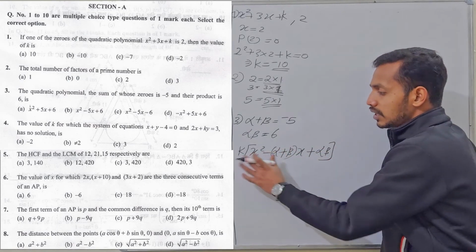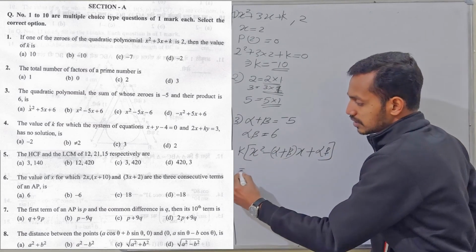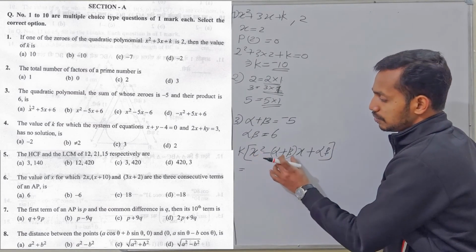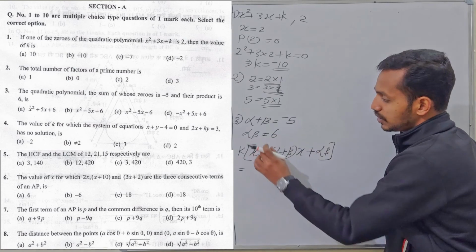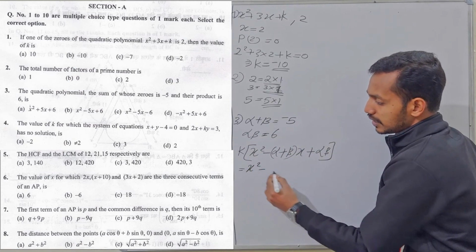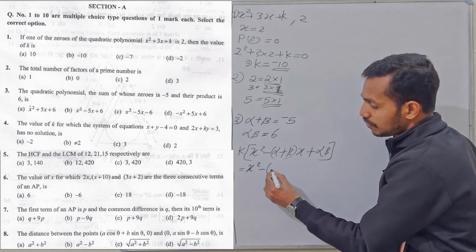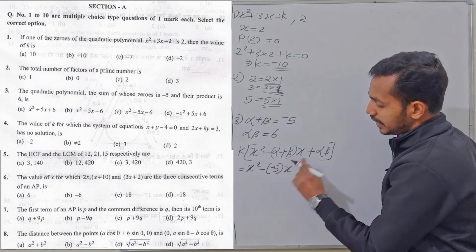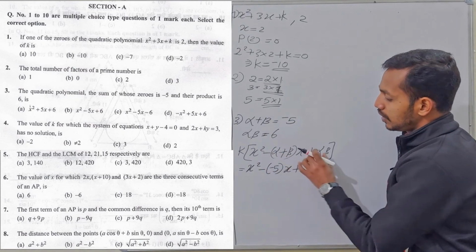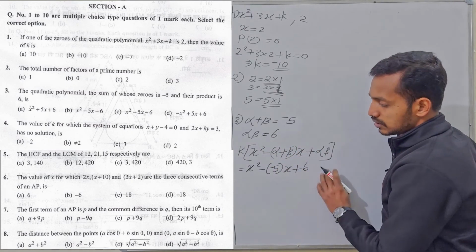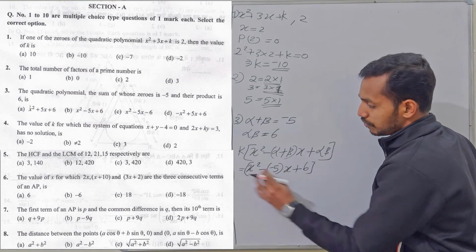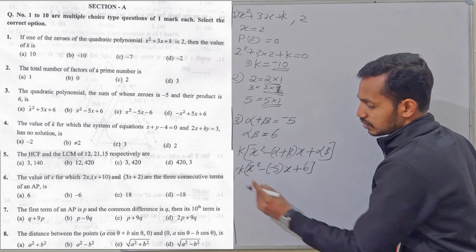First of all, let's put the values of alpha plus beta and alpha into beta. So x square minus alpha plus beta, which is minus 5, so minus of minus 5 into x, plus alpha into beta, which is 6. Don't forget to put k.